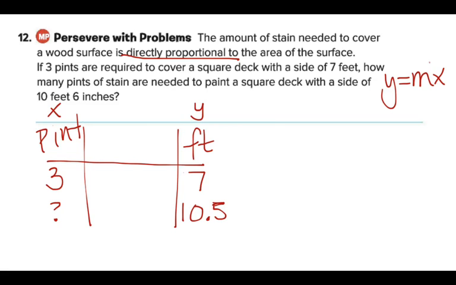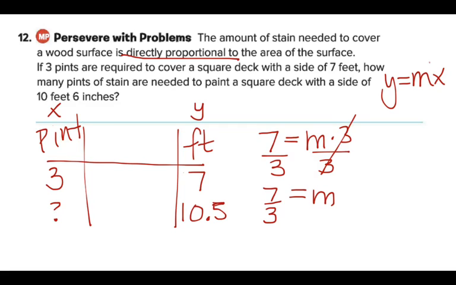So with my equation, I'm going to say 7 equals m times 3. Divide each side by 3 to solve my equation, and I get a remainder that cancels. M equals 7/3. So if I have my y, I have 10.5 equals 7/3 times x. Solve my equation.